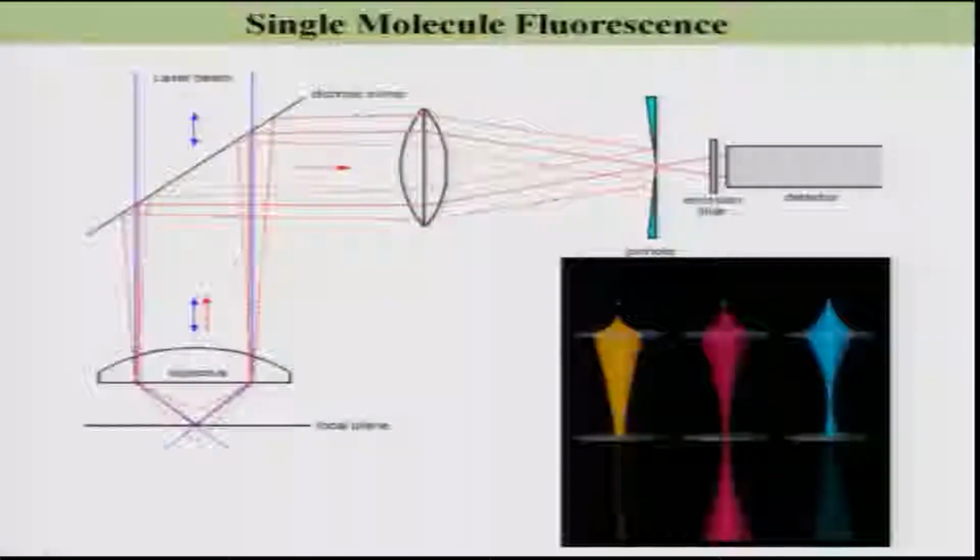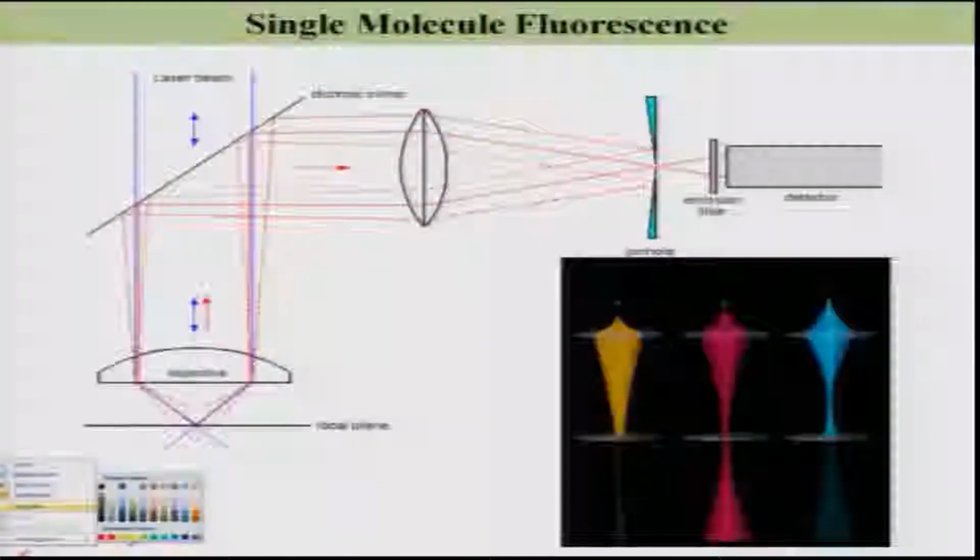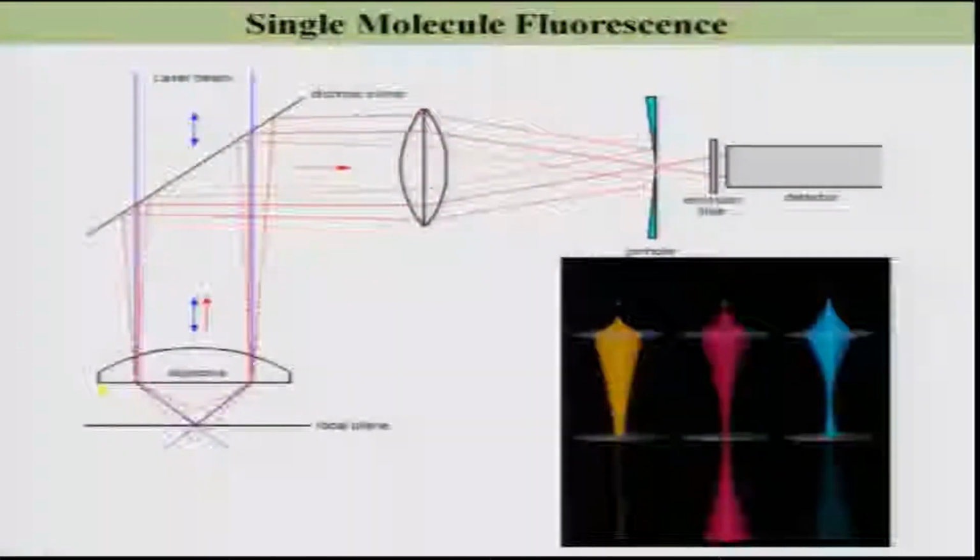In this case, this is my excitation laser beam. When it reaches the sample position, let me define that the sample is present throughout. Starting from here, everywhere is sample.